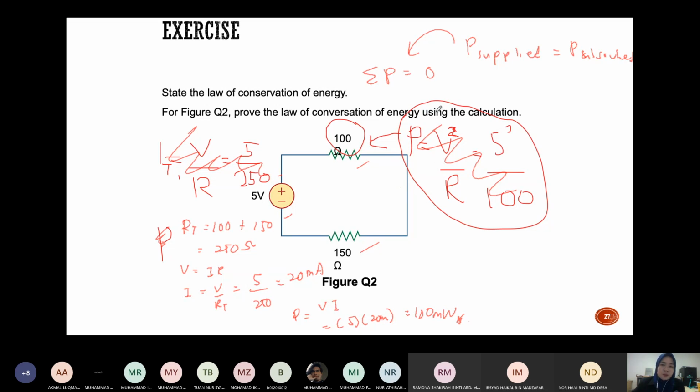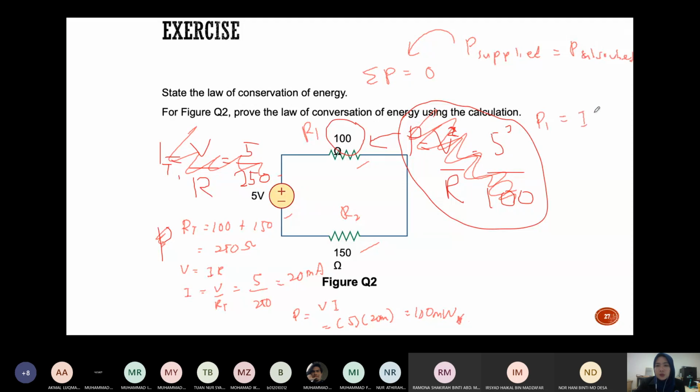Now let's calculate the power absorbed by each resistor. For example, I name this R1 and this R2. Now I want to calculate P1.